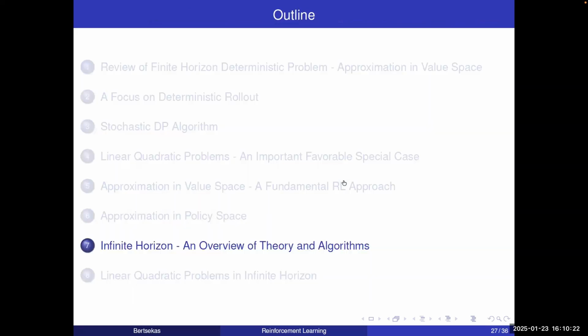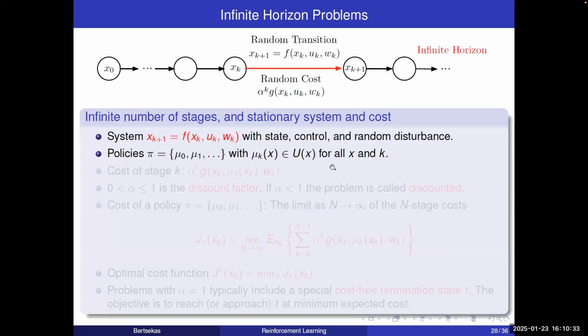All right. So that's enough for approximation in policy space. Let's give a brief overview of infinite horizon problems. Now for an infinite horizon problem, similarly, starting from some state x0, we apply u0, we move on to the next state and so on. However, there are several major differences from the finite horizon problem.